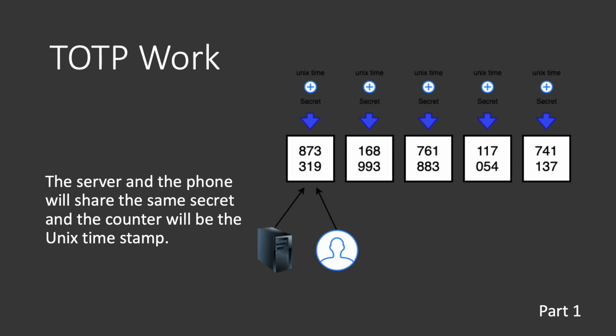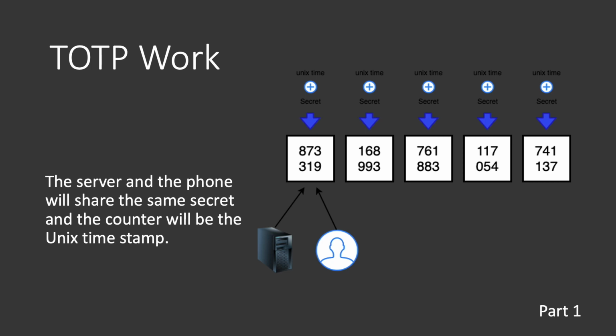So for this reason, utilizing Unix time makes much more sense and is much more reliable than utilizing a counter. Because even if, for example, we generate 3, 4, 5, 6 codes and we do not utilize them, the server doesn't really care, because it's also basing its own generation on the current time.